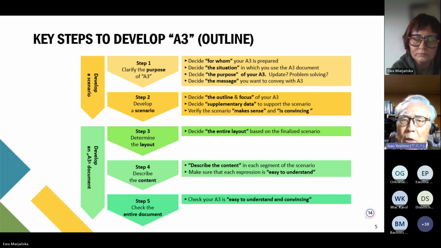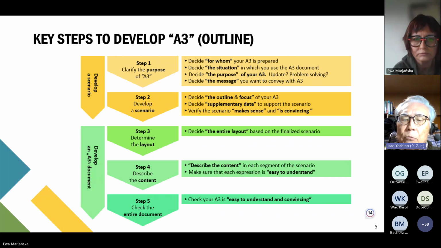If you talk something verbally, then sometimes people don't understand. So sometimes you need to prepare some document or data or numbers or photos or something so that the reader can clearly understand that. And of course, all those scenarios should be convincing, easy to understand. That is step 1, step 2.